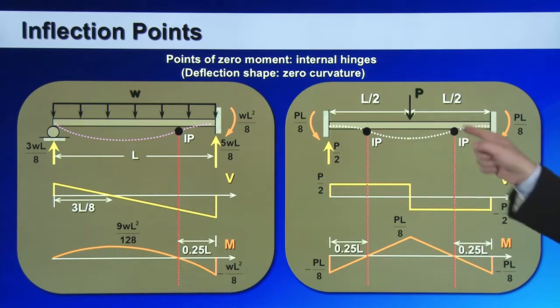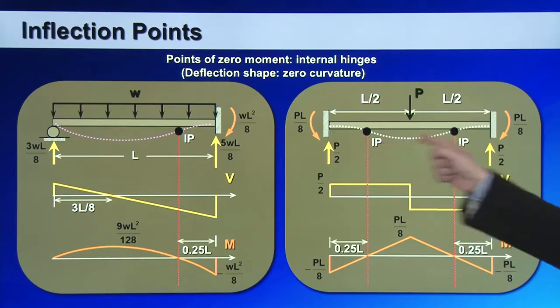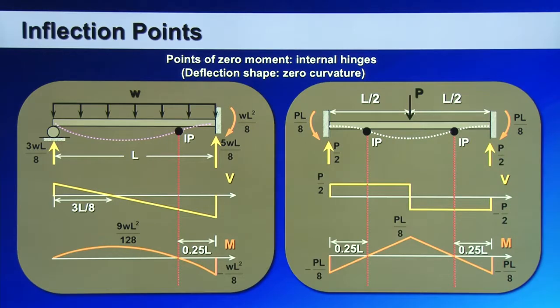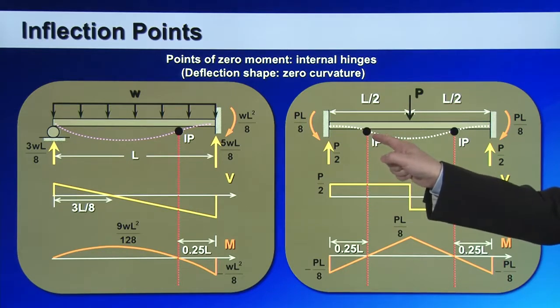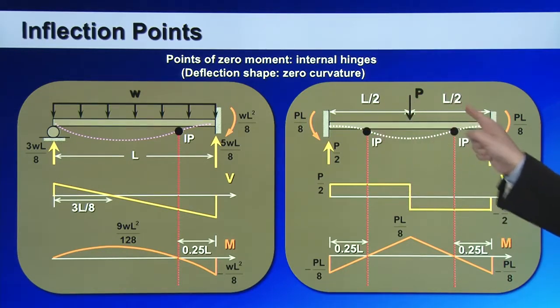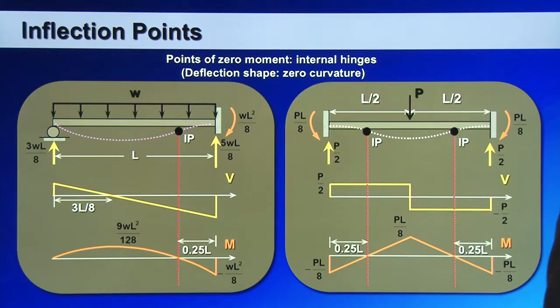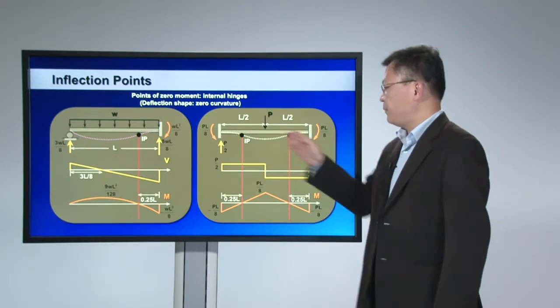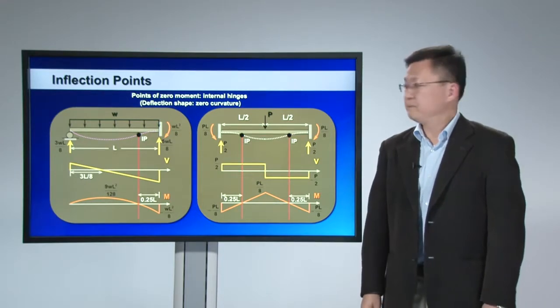So these are the actual inflection point locations. Again, if you can estimate or guess the locations of these inflection points early on in your analysis, you can utilize the properties of inflection points and do a free body diagram at the midpoint and then get the shear force at the inflection points. Utilizing that shear force information, you can calculate the rest of the reactions of the structure.